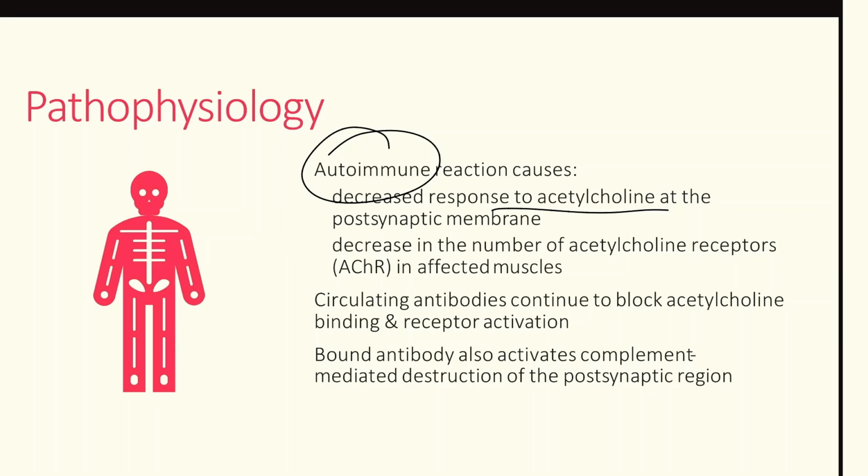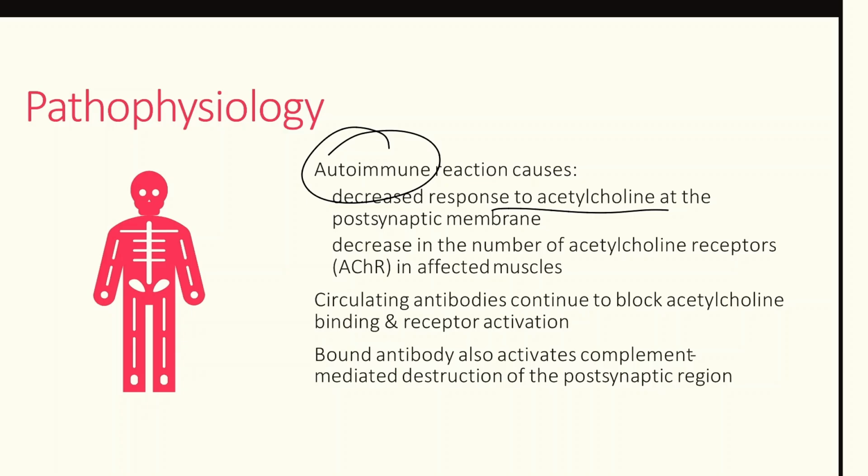So now let's look at it. Now we have myasthenia gravis antibodies blocking the acetylcholine receptors, but we also have acetylcholinesterase working to degrade the acetylcholine. So you're going to have less of an effect of that acetylcholine because it's still being broken down in the cleft and there are fewer receptors to be active to it.